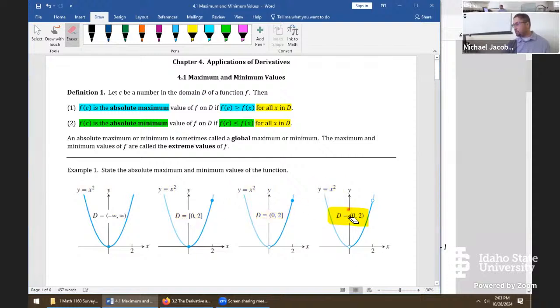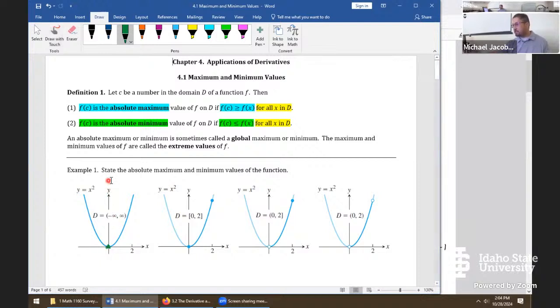Nonetheless, this is kind of a nice warm-up picture. On our very first graph right here, we're going to state the absolute maximum and minimum values for each of the function. Let's start with, say, minimum. Let's do this one first. An absolute minimum is the lowest point on the graph, which means it has to satisfy this inequality. So if we look at our first graph over here, clearly that's got to be the minimum, right? Right at this location.